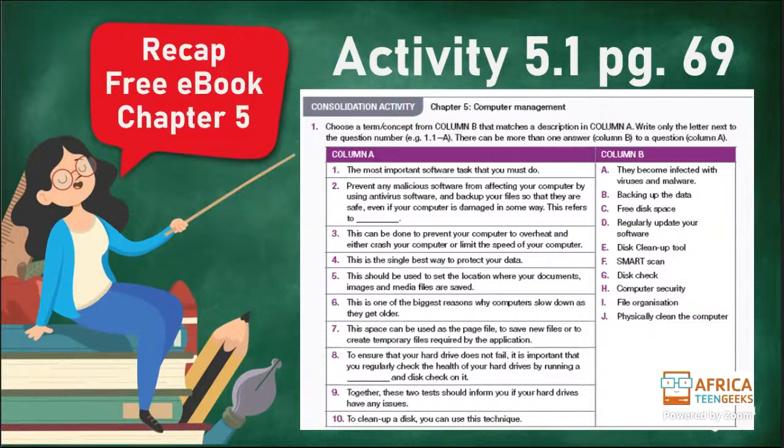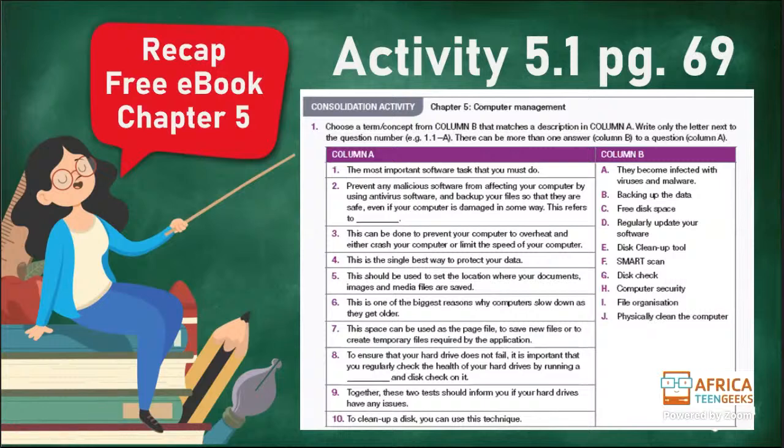This is one of the biggest reasons why computers slow down as they get older. Number 6, what could be the answer? Not only as they get older, we can say this is probably one of the biggest reasons why computers slow down. We can remove the part as they get older, right? They become infected with viruses and malware.